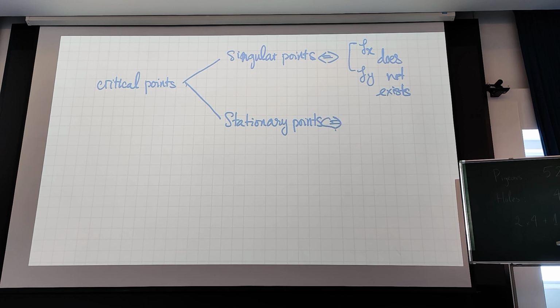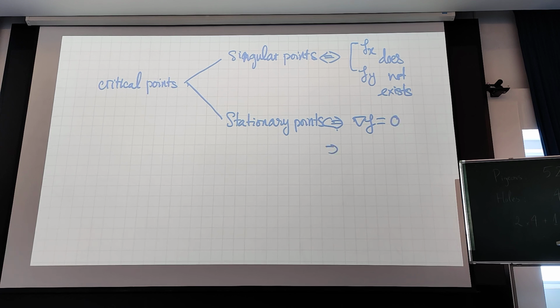And you have the second type, the stationary points. The other points such that the gradient vector of f attains 0 value. That means you have both partial derivatives with respect to x and with respect to y equal to 0. Okay.